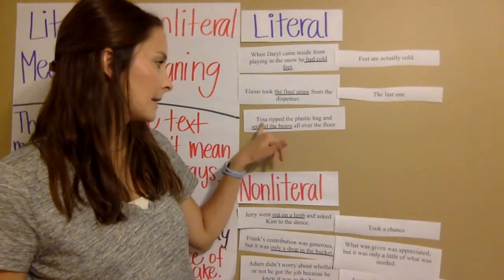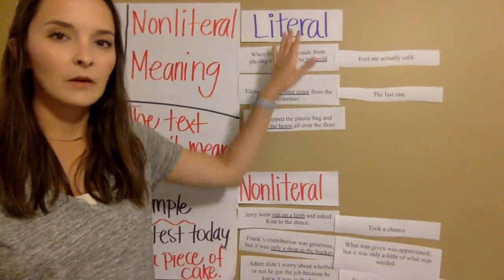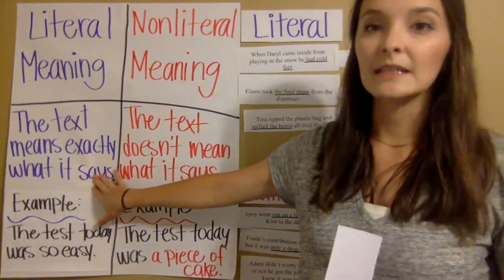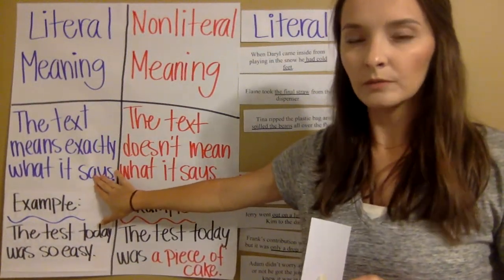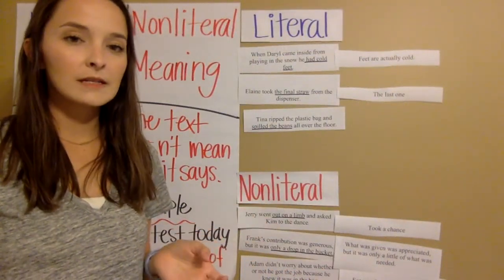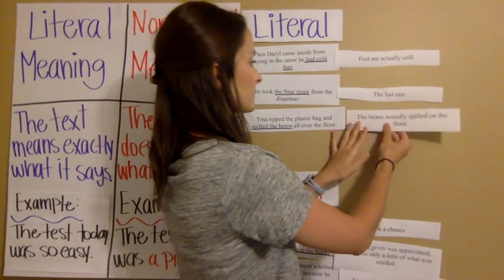Tina ripped the plastic bag and spilled the beans on the floor. All right, so this one's easy. Again, we put it under literal, and we said over here that the text means exactly what it says when it's literal, right? So if she spilled the beans on the floor, what did Tina really do? She really did spill the beans on the floor.